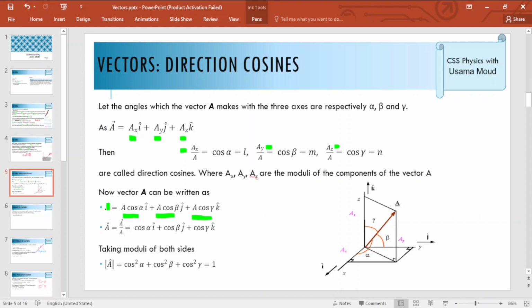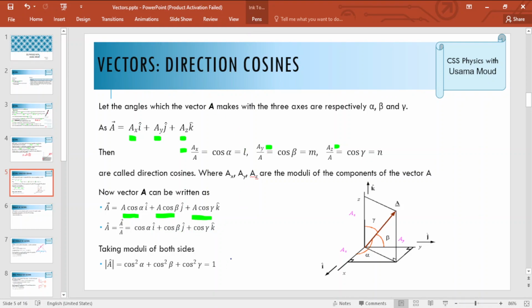Now this is vector a, and if we divide by the magnitude of a on both sides, a over its magnitude is the unit vector, and on this side the a is gone. You can see that this is simply the unit vector: cos alpha i, cos beta j, cos gamma k.